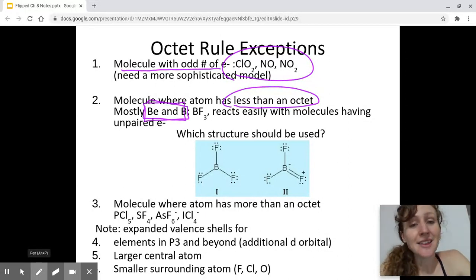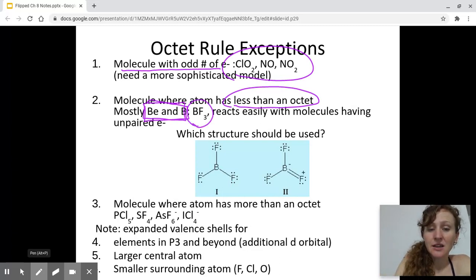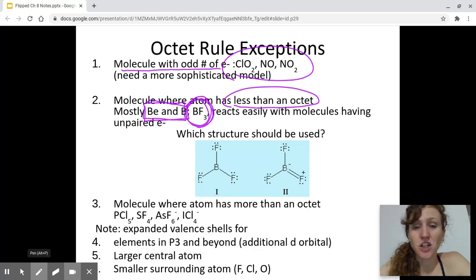Now, the tricky thing about these is that if you draw a Lewis structure, it is possible to take your current structure and draw a legal Lewis structure. So check this out.